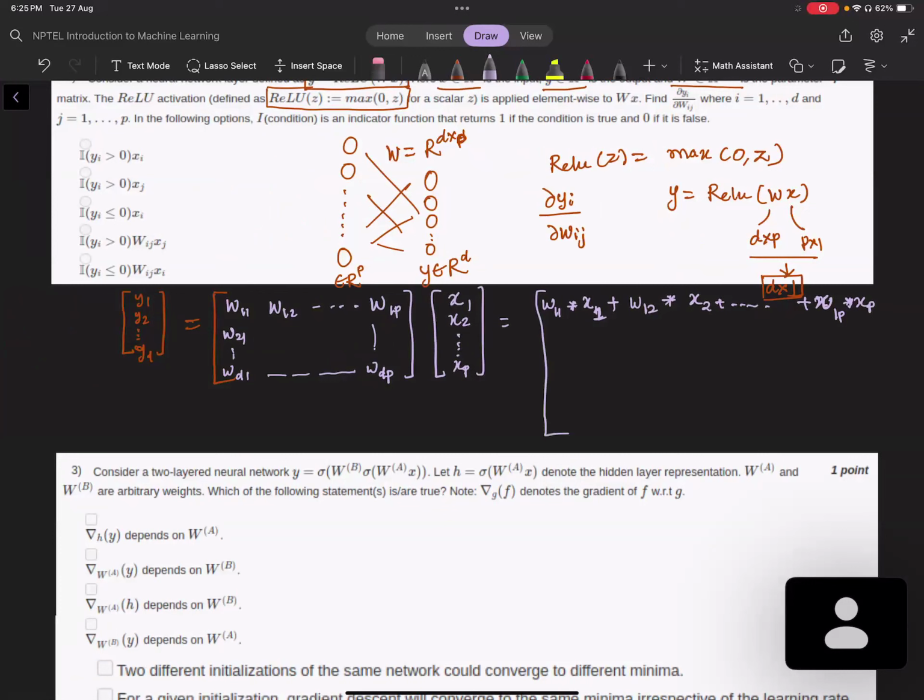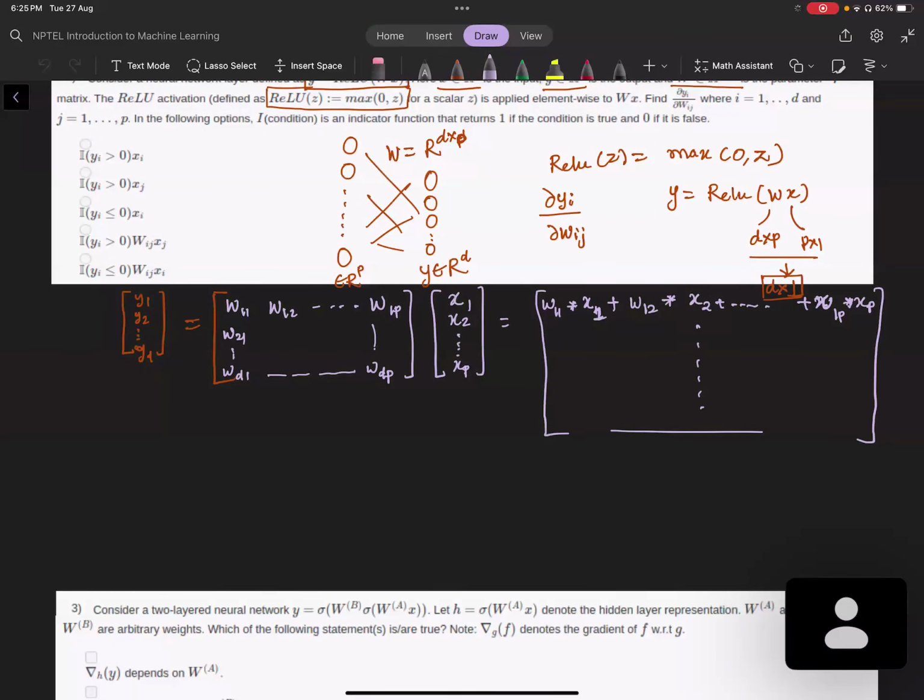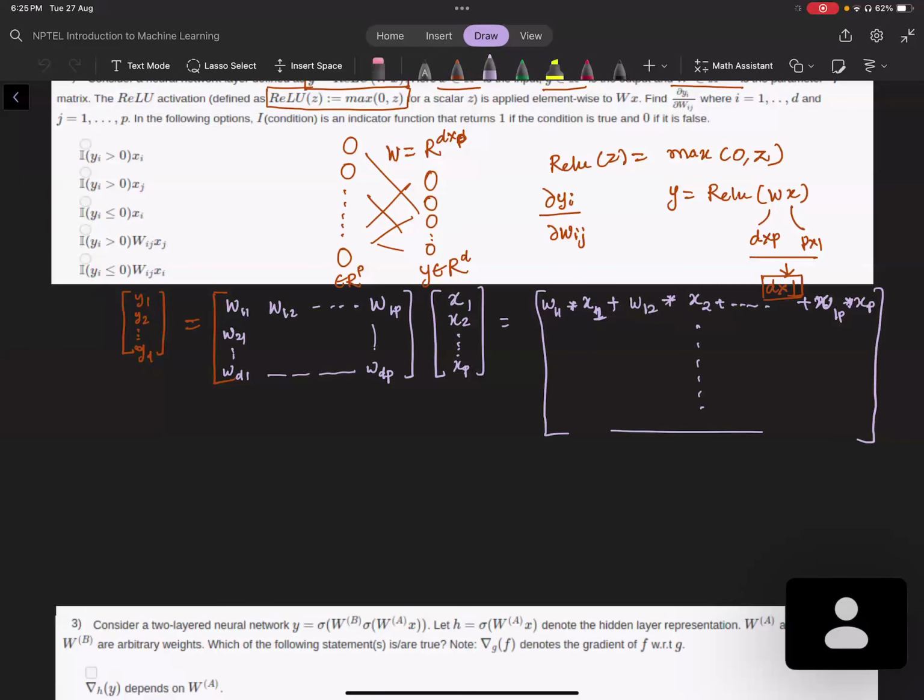So if we equate this, y1 here would be equivalent to this one.